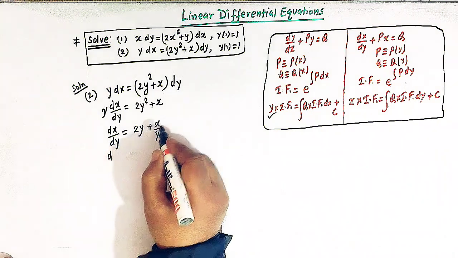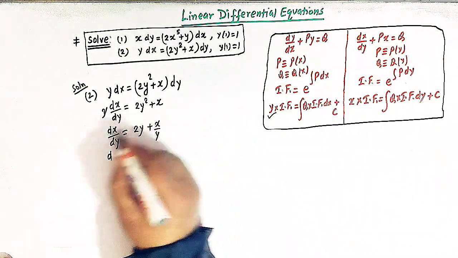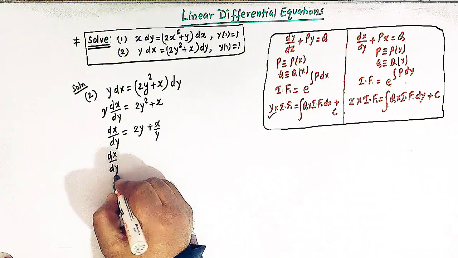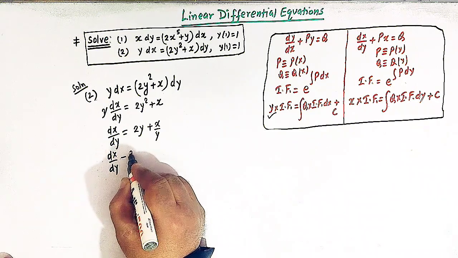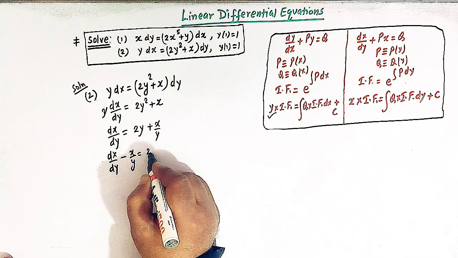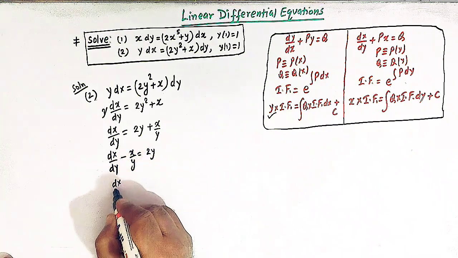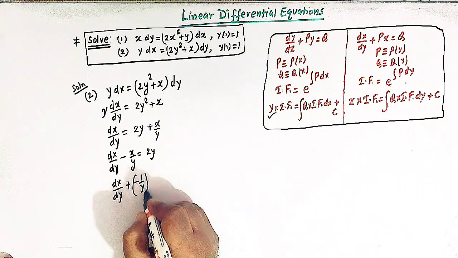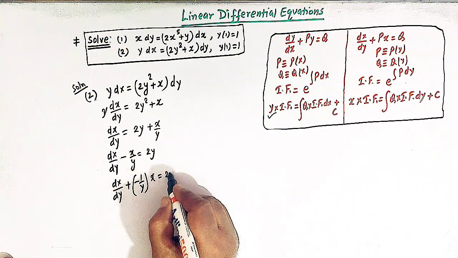So now taking this term x over y to the left hand side, we have dx over dy minus x over y is equal to 2y. So we can now write dx over dy plus minus 1 over y times x is equal to 2y.